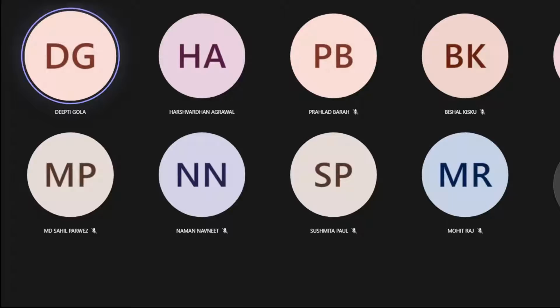Means in series with RC1 and RC2, you can put two LEDs, right?